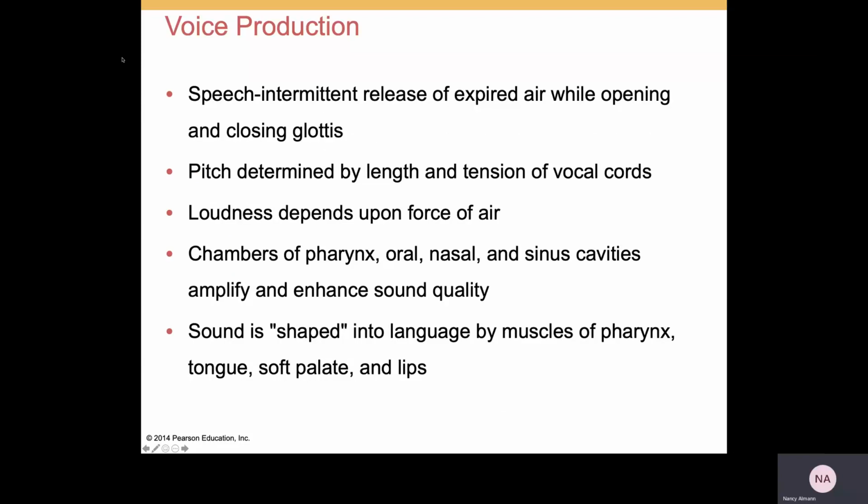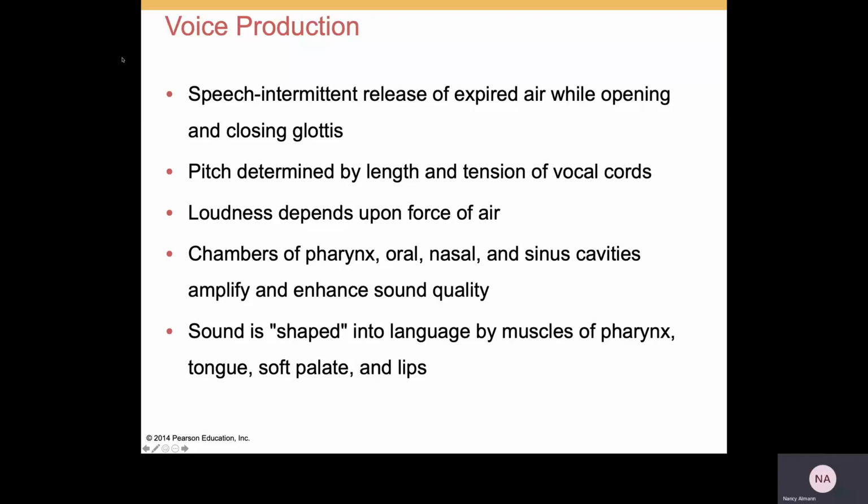So when it comes to voice production, this is what happens. You have what's known as speech: intermittent release of expired air while the glottis is opening and closing. The pitch will be determined by both the length and the tension of those vocal cords. The loudness depends upon the force of air.